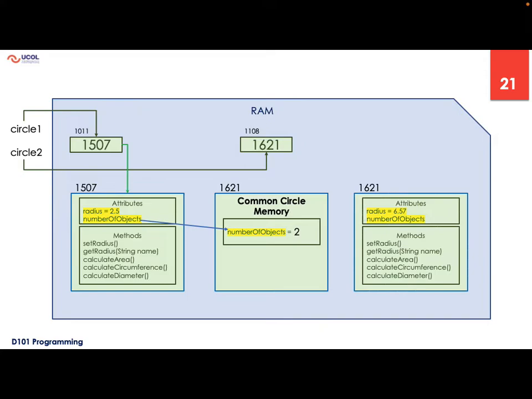So when you create the second object, it is changing this main one, and whether we now access this number of objects, that is a static field, in the circle 1 or in the circle 2, the value will be 2. It's not like in the circle 1 we have 1, and in the circle 2 again we have 1. No.